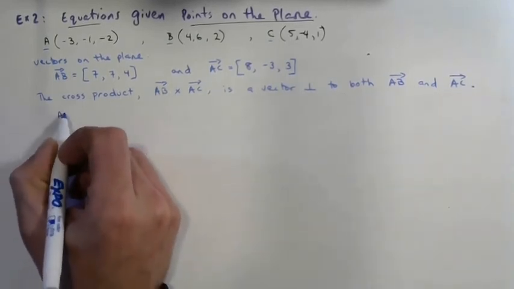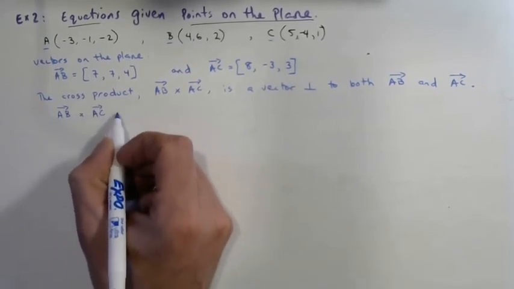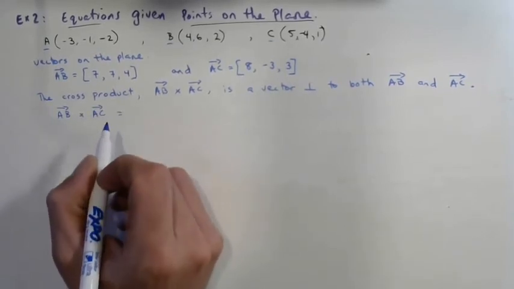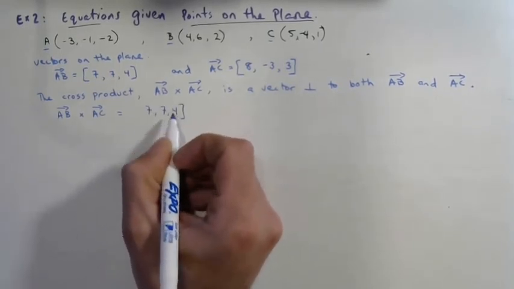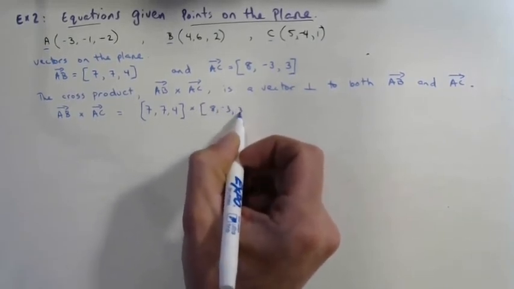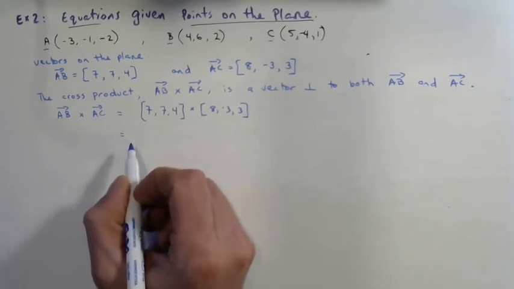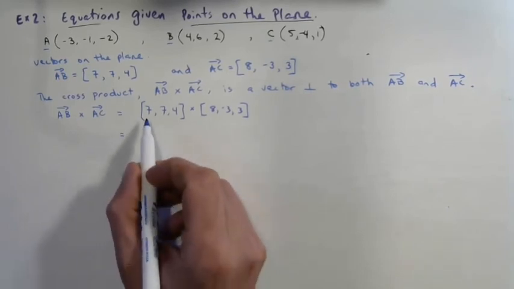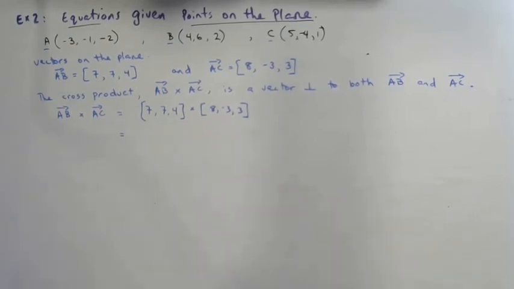Cross product AB cross AC. So we have 7, 7, 4 cross 8, negative 3, 3. Now remember how to do the cross product. I can draw the picture off to the side.